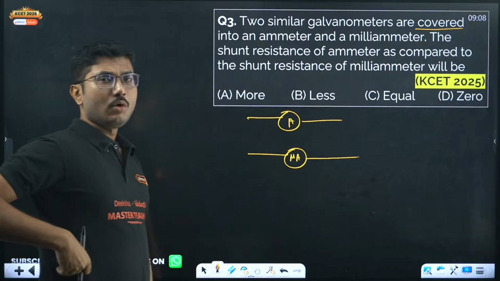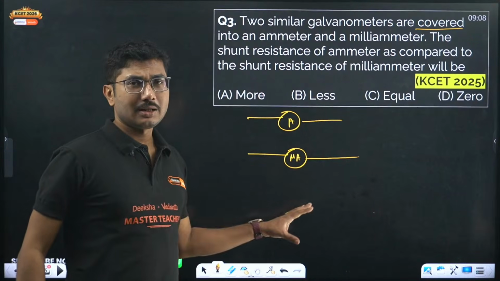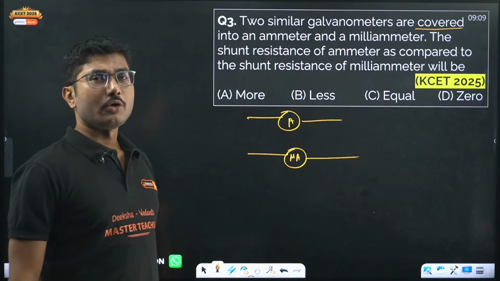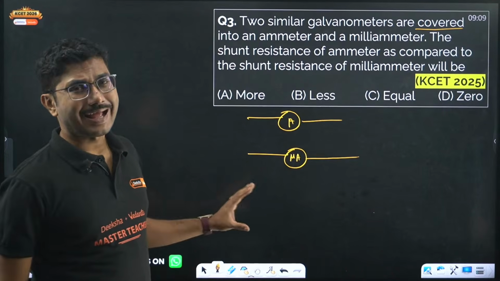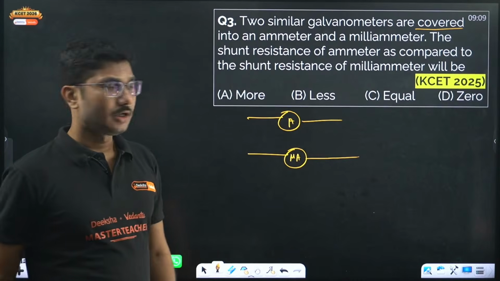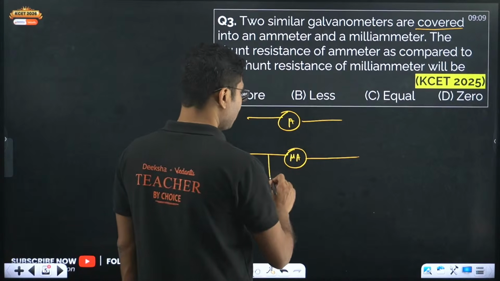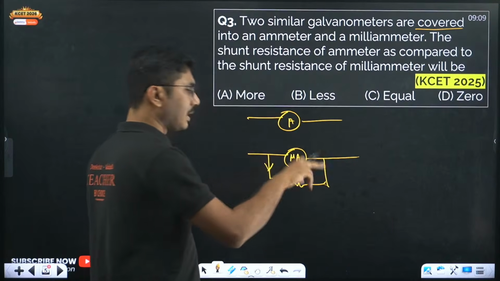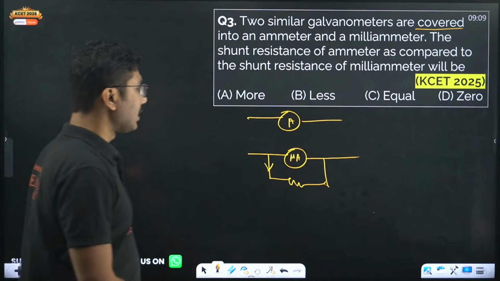Now, the smaller the amperage, that means the smaller the current it can measure, it must have a smaller shunt. Why a smaller shunt? Because it will allow most of the current to pass through this shunt resistance.